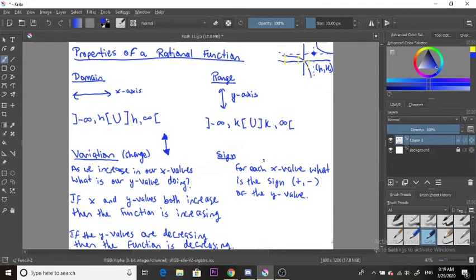So when you're looking at the sign, you need to look at where it crosses the x-axis. And from there you can determine your intervals where your function is positive or negative.